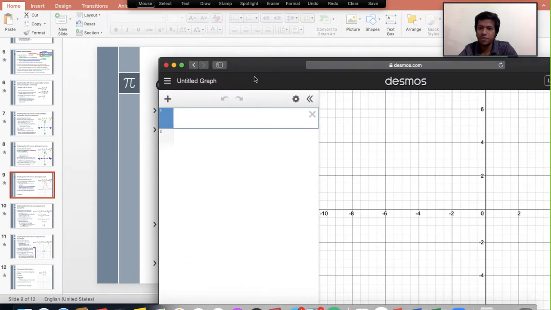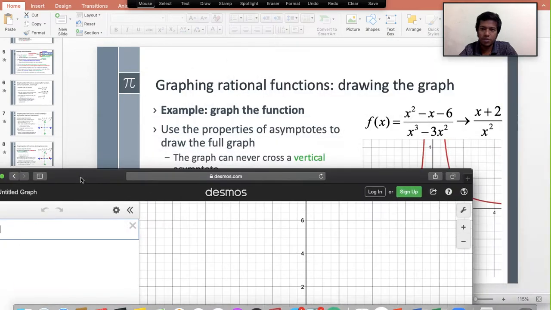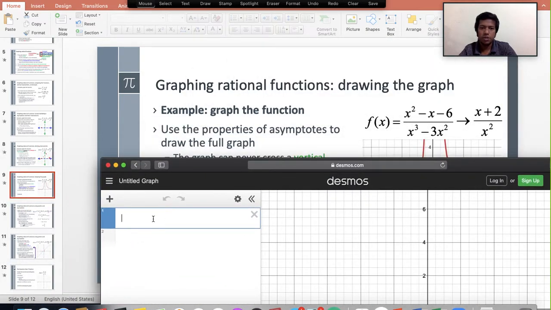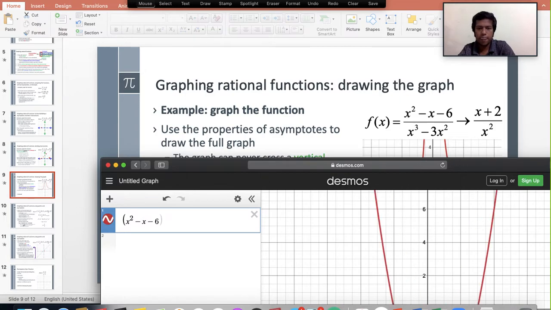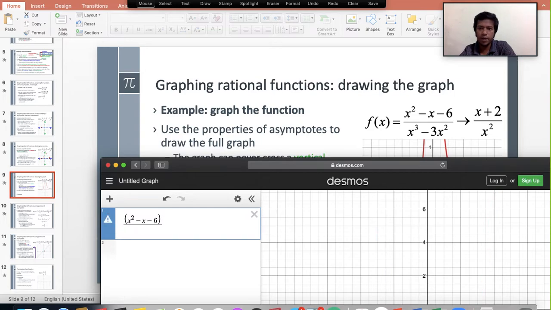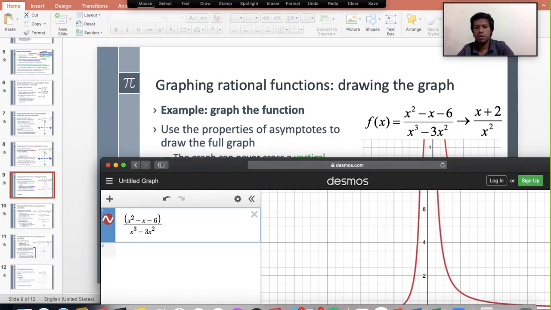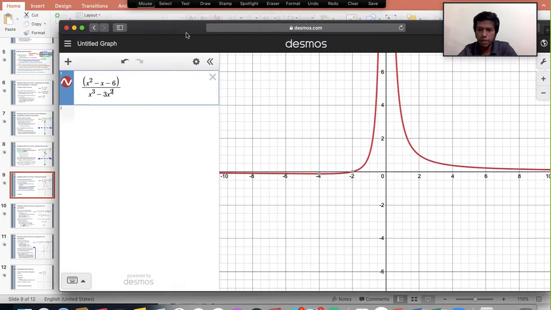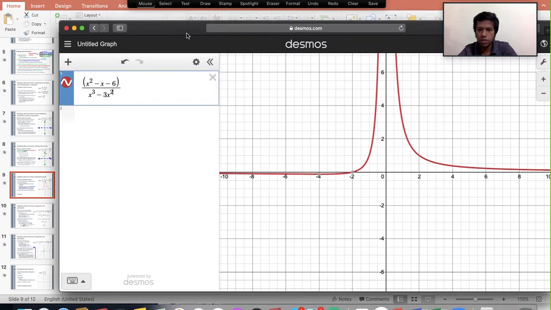This is how you can check: desmos.com. You can go there and then just write the given function there. So the function is, let's say, bracket x squared minus x minus 6 bracket close, divided by x cubed minus 3x squared. So this is the graph. Yeah, it looks like this graph, they do not show the hole.